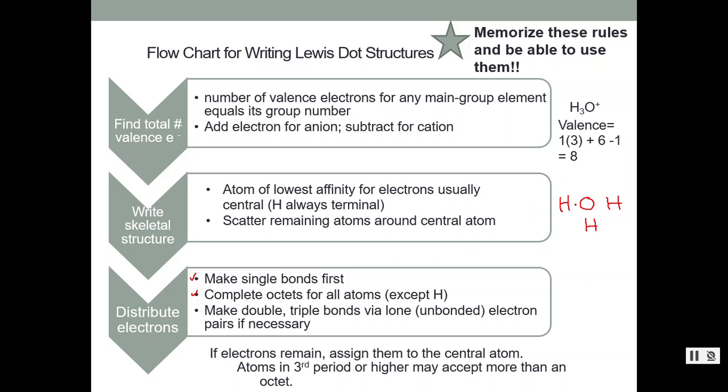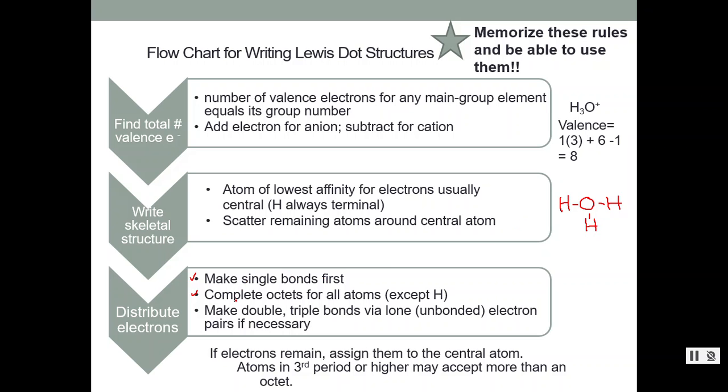And when I do that, remembering that each single bond is 2 electrons, I count by 2s. So 2, 4, 6. When making those single bonds, I have now used 6 of my 8 valence electrons. So that step is done.